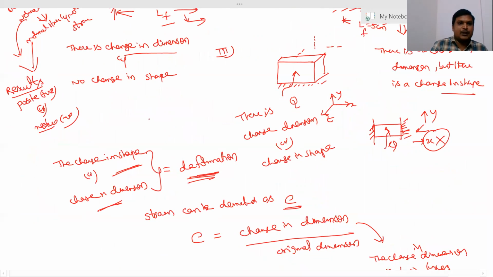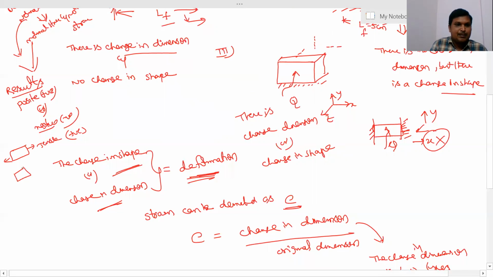This means if you apply the load, for example, on this member, if you apply a tensile force, the tensile force gives positive strain. The compressive force leads to negative strain. Is it clear?